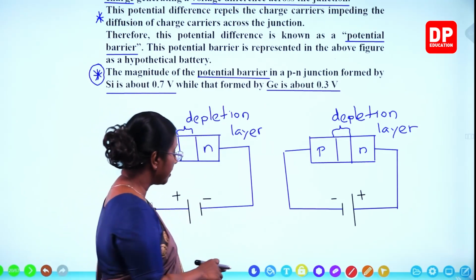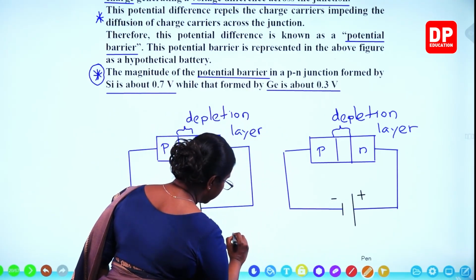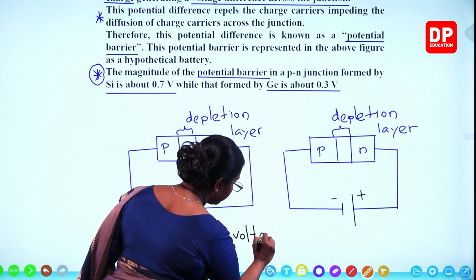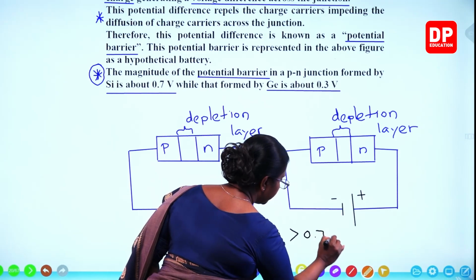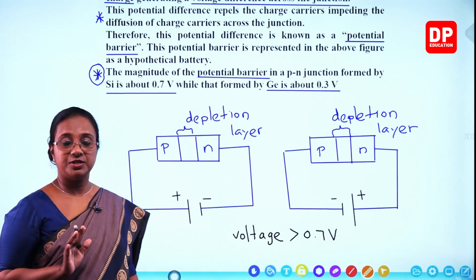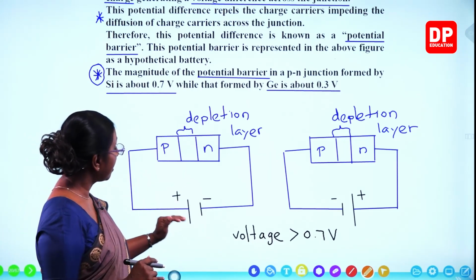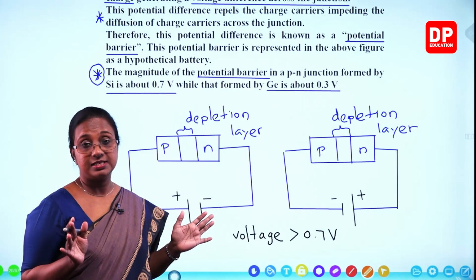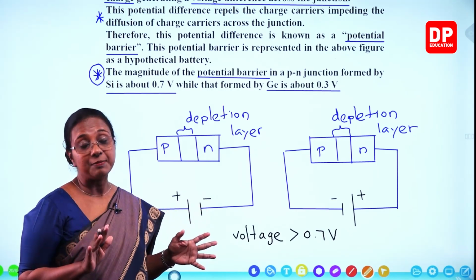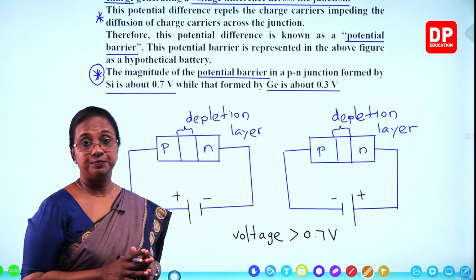We can supply a voltage greater than 0.7 volts. That is also possible. If we do that, will current flow through the semiconductor in both instances? Will that happen? That is what we need to understand here.